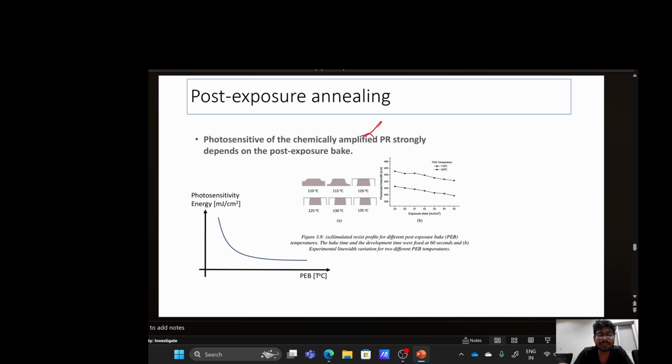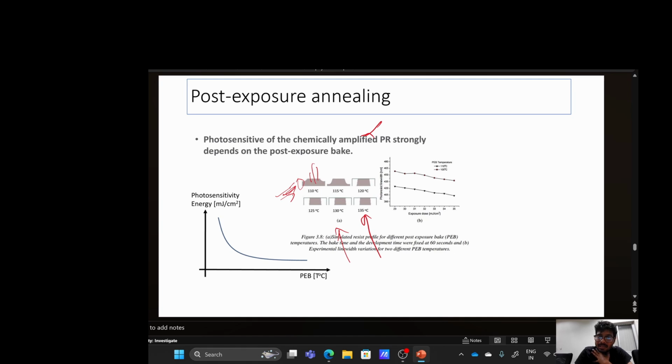At a lower temperature, the exposed area is not fully removed after the annealing, because the reaction didn't complete perfectly. At higher temperatures you have increased the reaction kinetics, so you can improve your feature size.